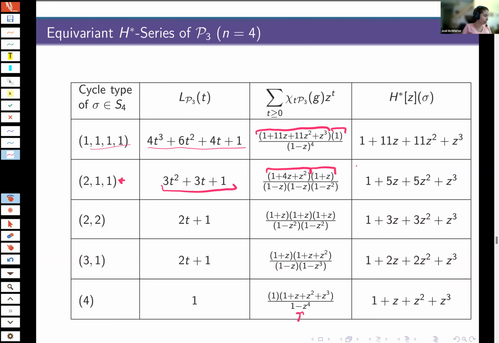If I come back to this here, for instance in the second case, this 1 minus z squared is going to be 1 minus z times 1 plus z.